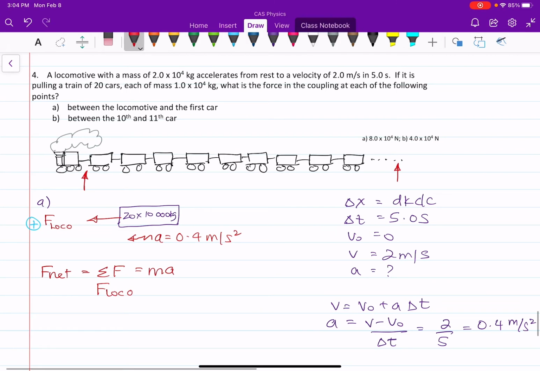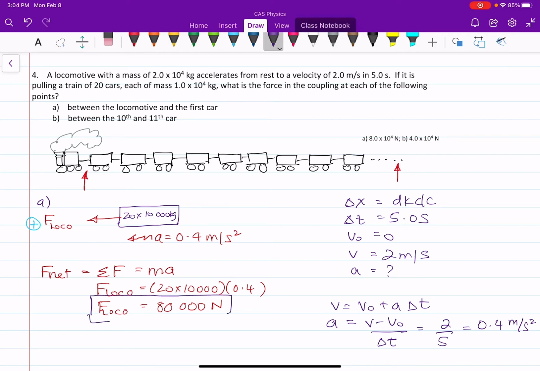So we've got that, and that's equal to mass, which is 20 times 10,000 times 0.4 meters per second squared. And when you do the math there, you'll get 80,000 newtons. So the force of the locomotive at that point is 80,000 newtons, which is a lot of force.